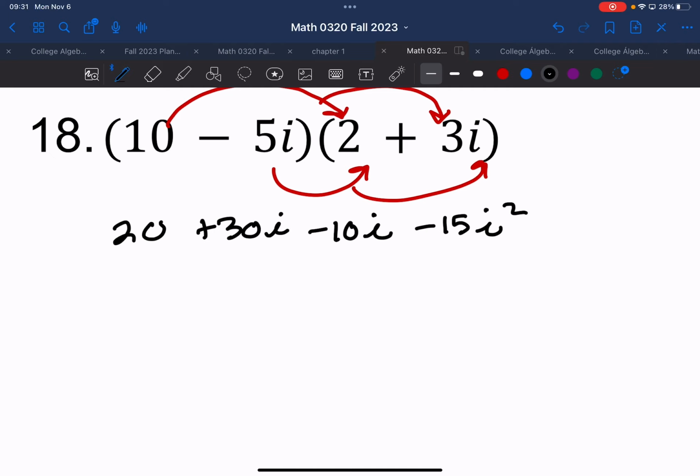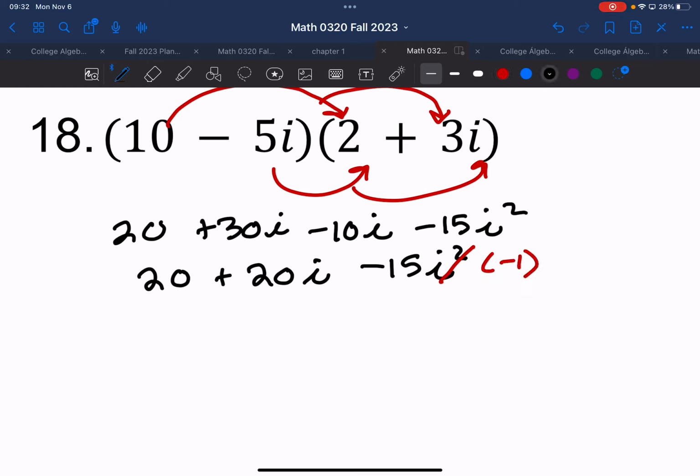Now we are going to combine like terms. So 30i minus 10i is 20i. So I have 20 plus 20i minus 15i squared. We know that i squared is what? Negative 1.